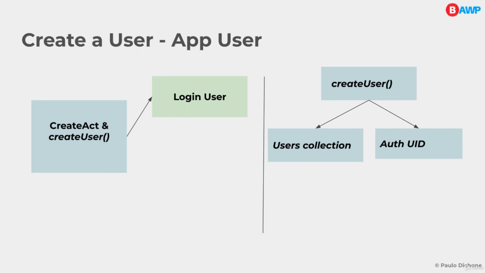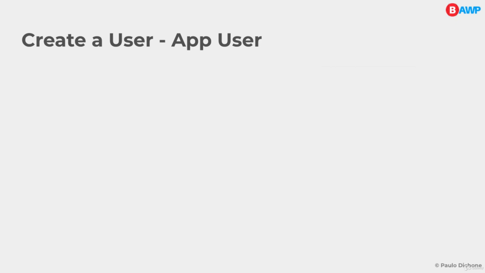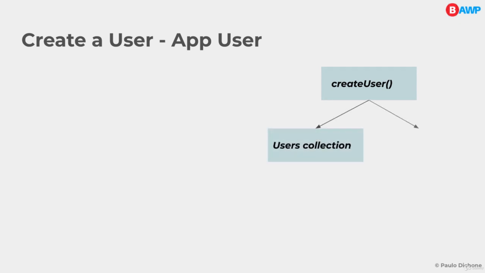We're going to have to create another collection of users, which will have a little bit more information about the users that have been logged in. So essentially, what we're going to end up having in our create user, as we saw, is the user collection, which will add an auth UID.